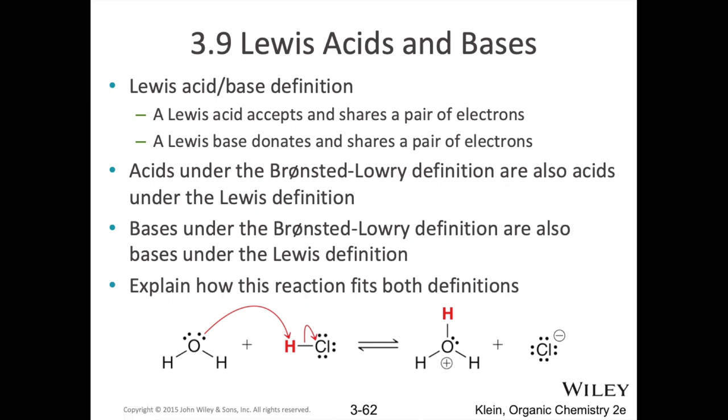The lone pair on this water is being donated to that hydrogen. So you could say that water is donating its electrons to the hydrogen, and therefore, by that definition, is a Lewis base. So in Bronsted-Lowry, water is a base because it's accepting a proton. In the Lewis definition, water's a base because it's donating its electrons.